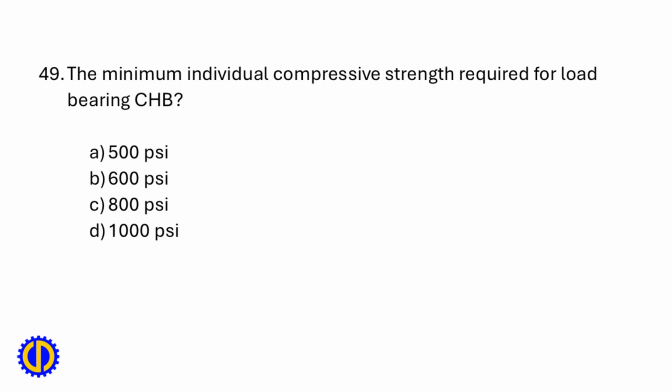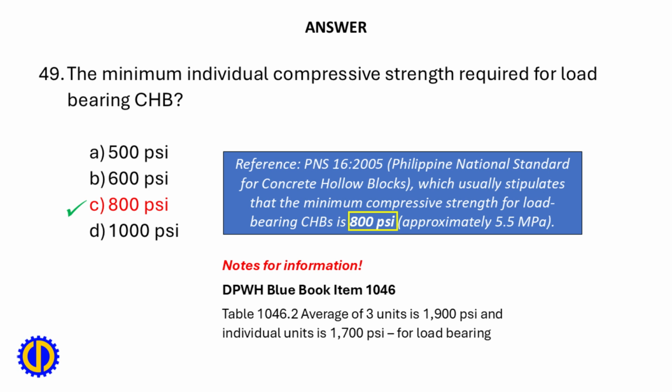49. The minimum individual compressive strength required for load-bearing CHB: A. 500 psi, B. 600 psi, C. 800 psi, D. 1000 psi. C. 800 psi.